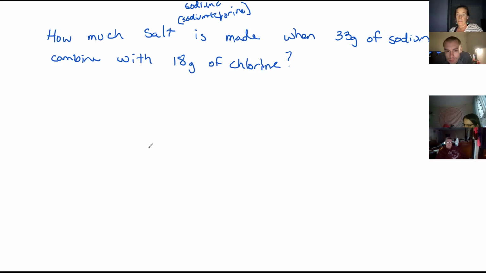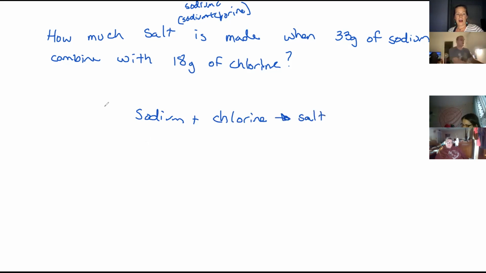So if I was to write a basic equation for this, I don't even have to know the symbols or anything like that, but it's saying sodium combines with chlorine. Okay, so I've got sodium and it's combining with chlorine, and it's going to make salt. So how much salt do we get? Well, it says that we have 33 grams of sodium and 18 grams of chlorine. The reactants and the product side need to total each other.